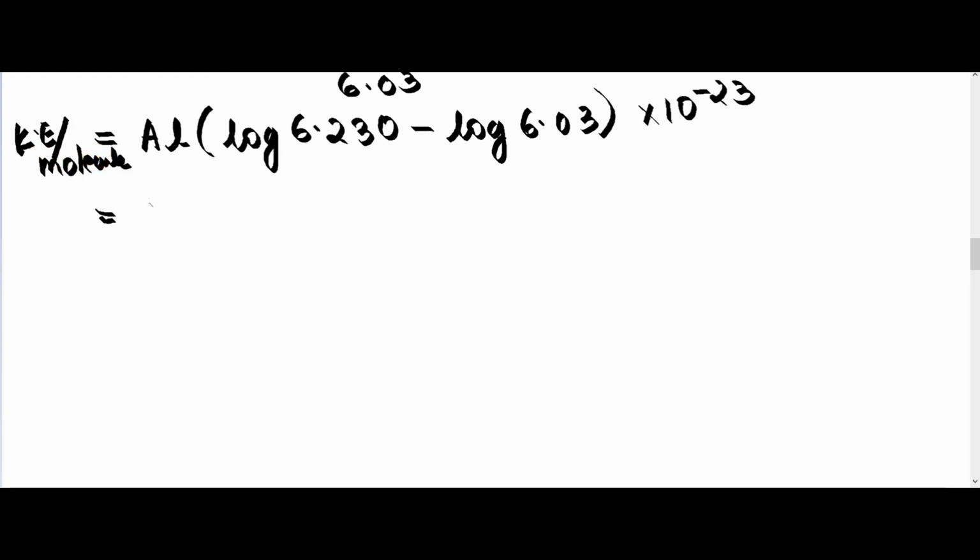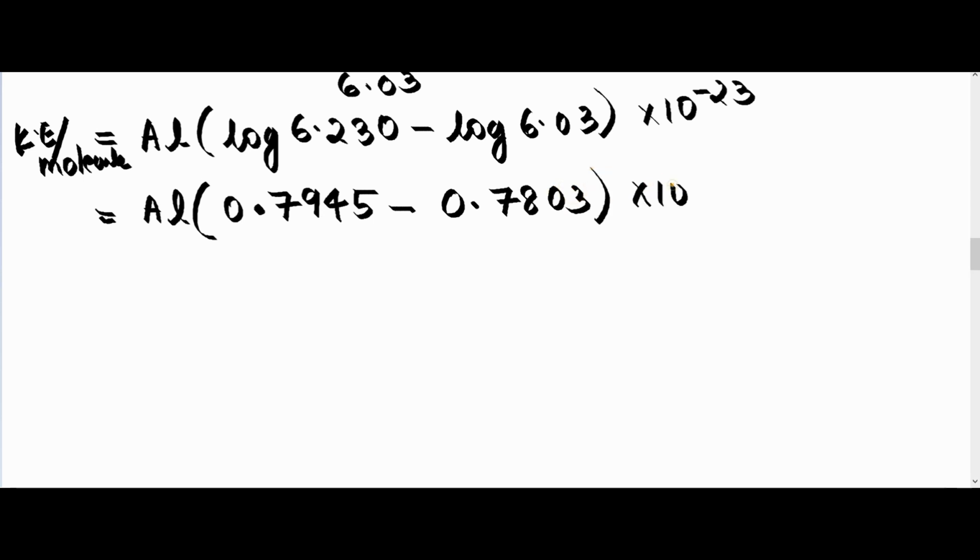The characteristic of 6.230 is 0 and its mantissa in the log table comes out to be .7945, minus, here also the characteristic is 0 and the value is .7803, into 10 raised to minus 23.